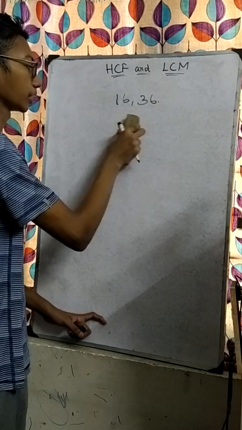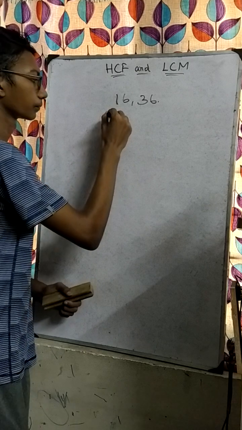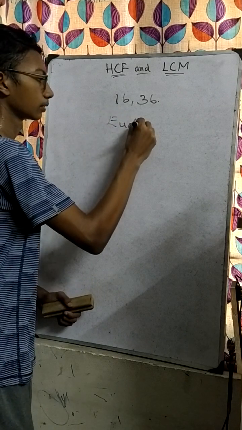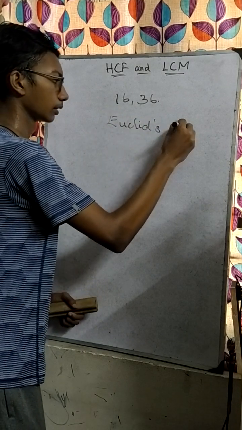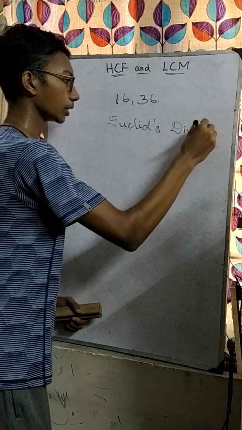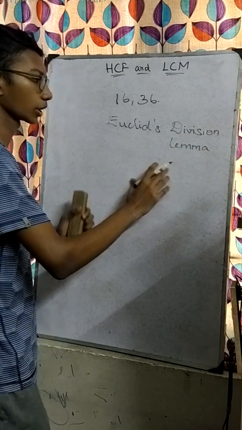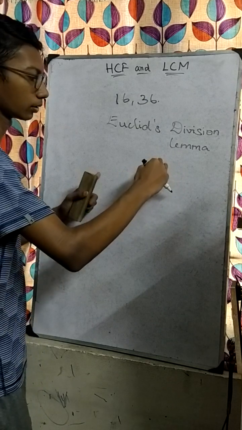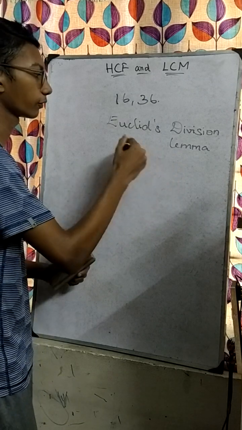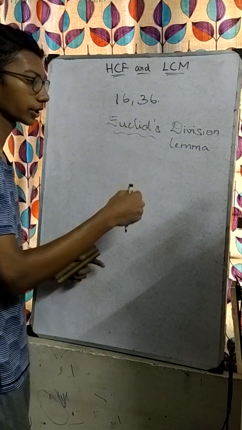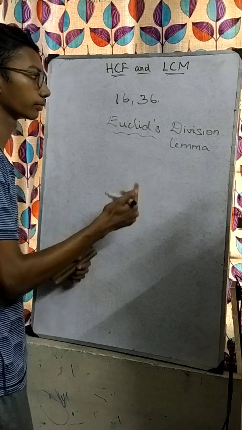Another way of finding the HCF is by Euclid's division lemma. This is a new method found by Euclid to find the quotient and remainder of two numbers.